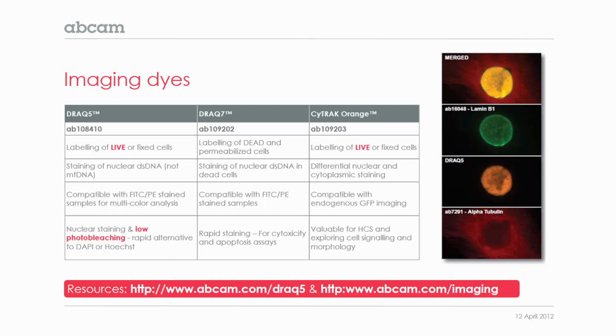CytoCalcein Orange is a dye that stains both the nucleus and cytoplasm in live or fixed cells, and can be used for cell segmentation in high-content screening and exploring cell signaling and morphology. All of these biological dyes can be used in a number of different applications, and in addition to offering low photobleaching, they're compatible with other labels, so you can use them for multicolor analysis. You can find more information about these dyes on the resource page shown.